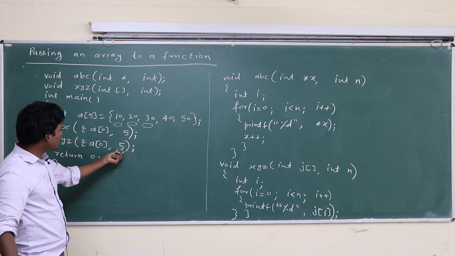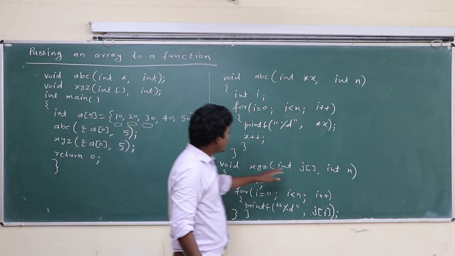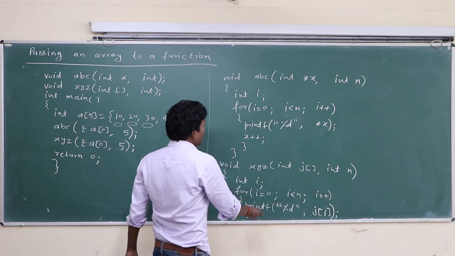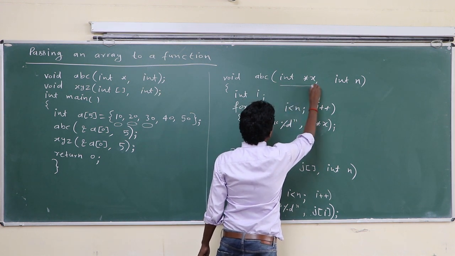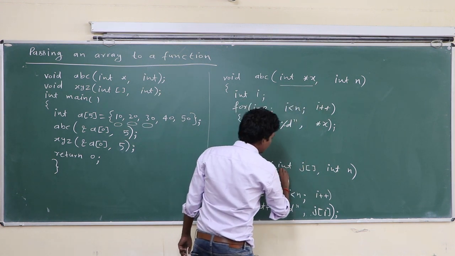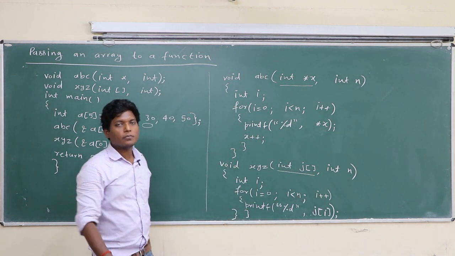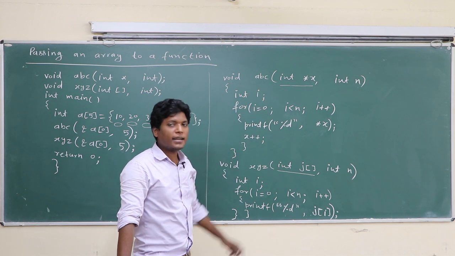So whatever you have supplied here is received here. In ABC it is received here, but in XYZ the base address is received here. Both are the same.